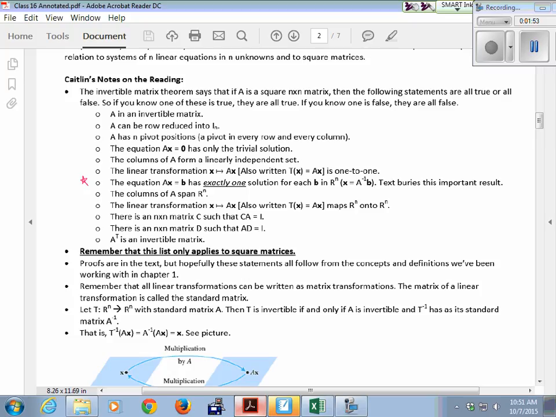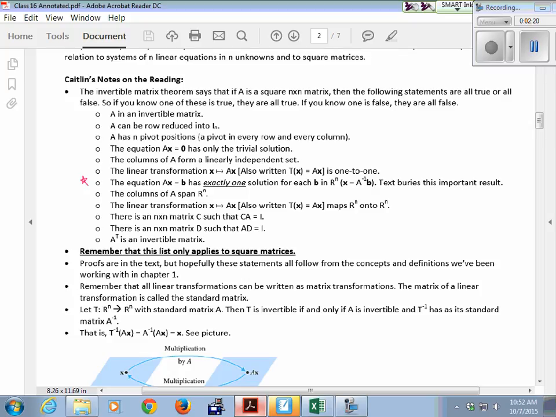The invertible matrix theorem says that if A is a square n by n matrix, then the following statements are either all true or all false. This comes in really handy because if I ask you a question from that list that's hard to answer, you can pick any other question from that list. If you know that question is true or false, then you know the answer to the question I actually asked you.